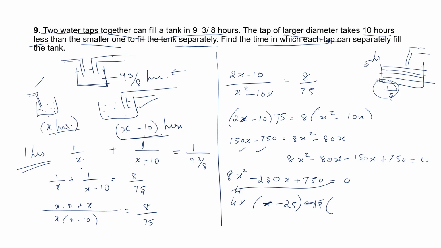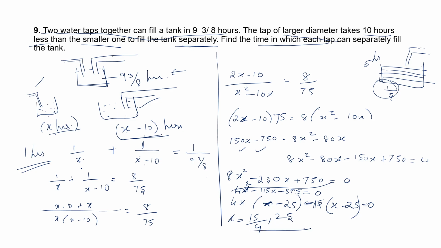You can solve this further. 4x square minus 125x plus 375 equal to 0. Then by taking the factors and solving this, you will get x is equal to 15 by 4 or x is equal to 25.